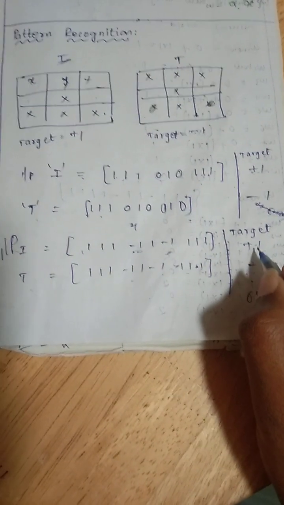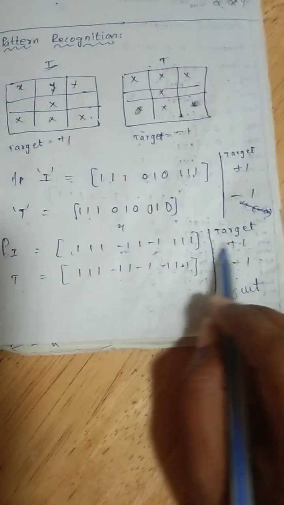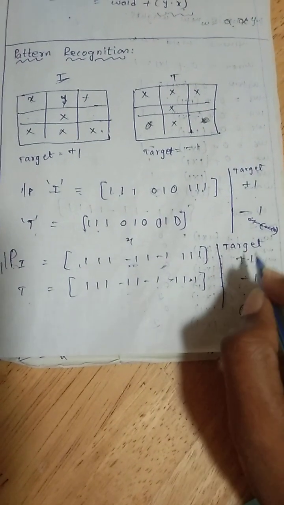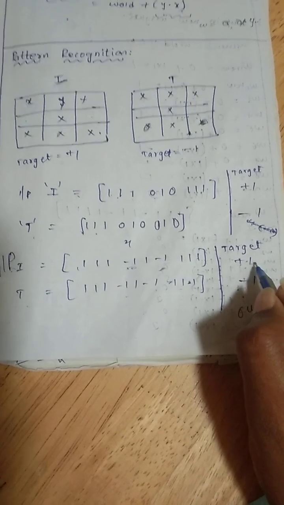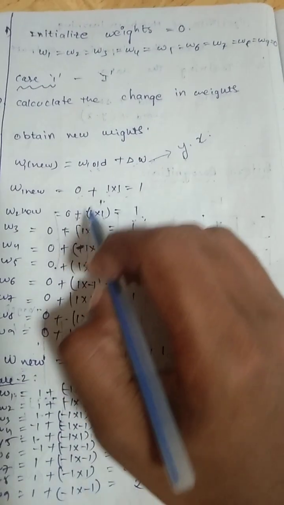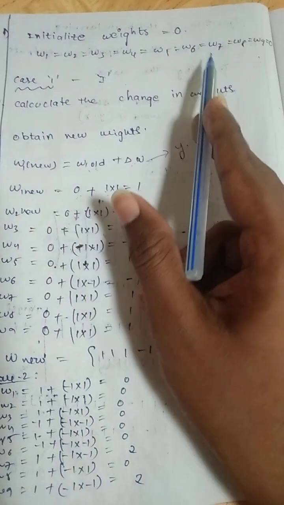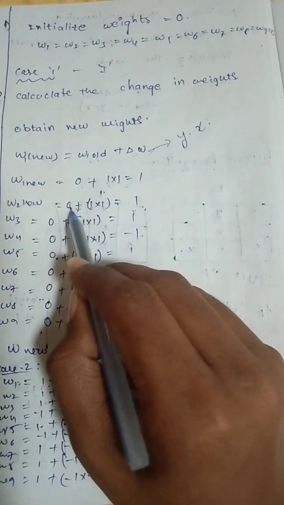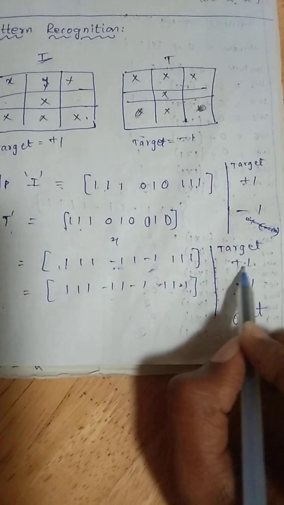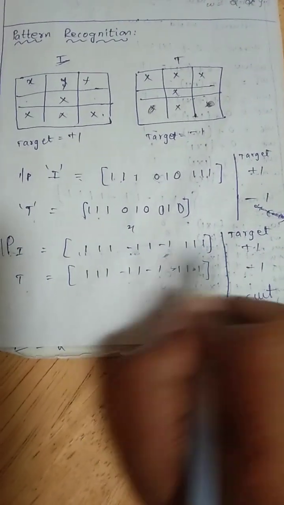First we have to find the new weight for the I only. The y value is 1 and the x value is 1. So 1 into 1, with the old value 0, and w2 is 0 plus again 1 into 1 for the second component, and next 1 into 1, and next 1 into -1, continuing up to w9.